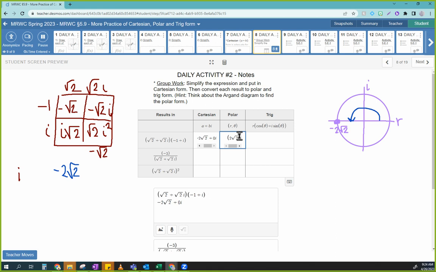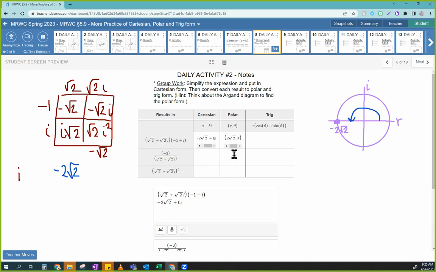I'm going to use pi because I'm trying to get you guys more comfortable with seeing pi. If you write 180, can you also write pi? I need you to start moving in that area because I don't know what class you're going to take next year, and if I prepare you for the hardest class, then you're prepared for whatever class you take next. Okay, so 2 root 2 comma pi is my answer.